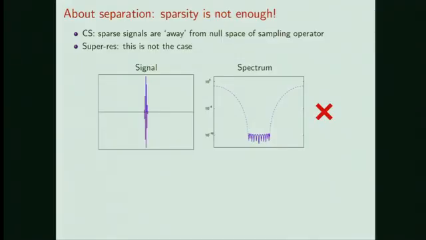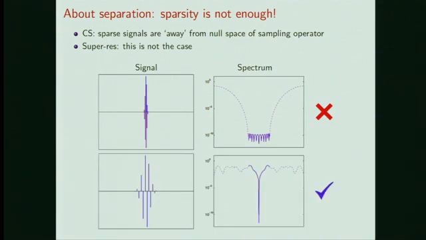On the other hand, if I take these spikes and I separate them a little bit, then what happens on the right-hand side is that the spectrum spreads, and then all of a sudden now I measure stuff. And the moments, if you will, do not vanish anymore, right? So here we have a sparse signal whose moments vanish.